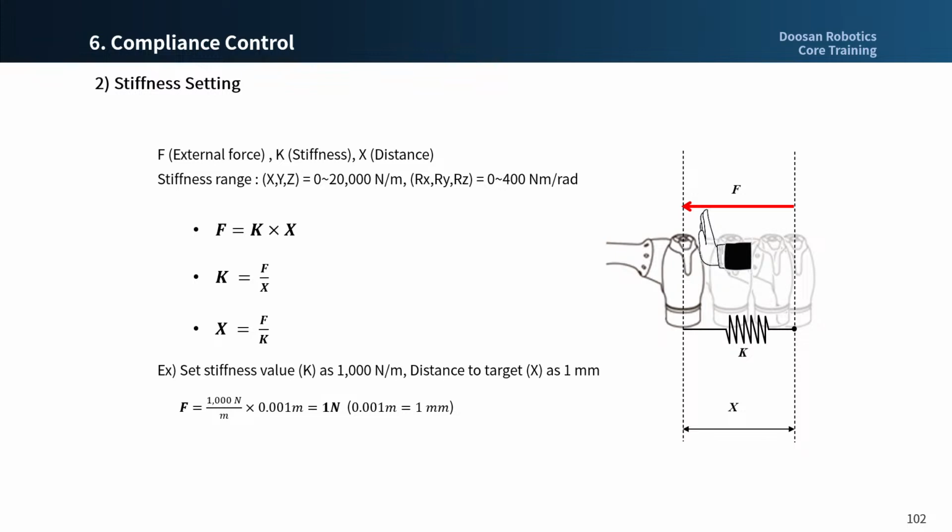At the bottom there is a formula among the external force, stiffness, and distance. The external force is the multiple of stiffness and distance. If you need to move the robot by 1 millimeter, when the stiffness is set to 1000, we need an external force of 1 Newton.